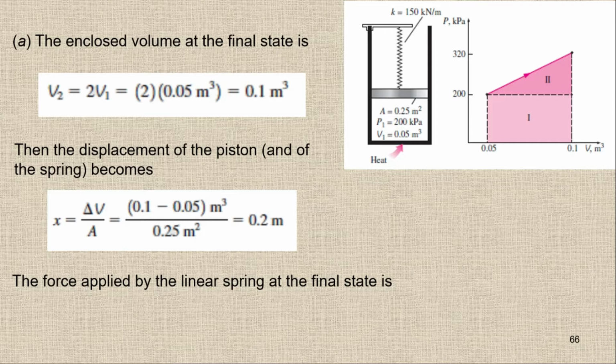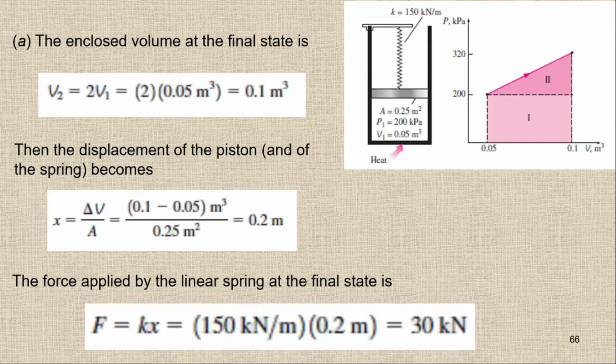The force applied by the linear spring at the final state is simply F equals K times X. The K value is given, which is 150 kilonewton per meter. Simply multiply K with X, and you will get 30 kilonewton. So this F is the force that this spring is exerting on this piston.